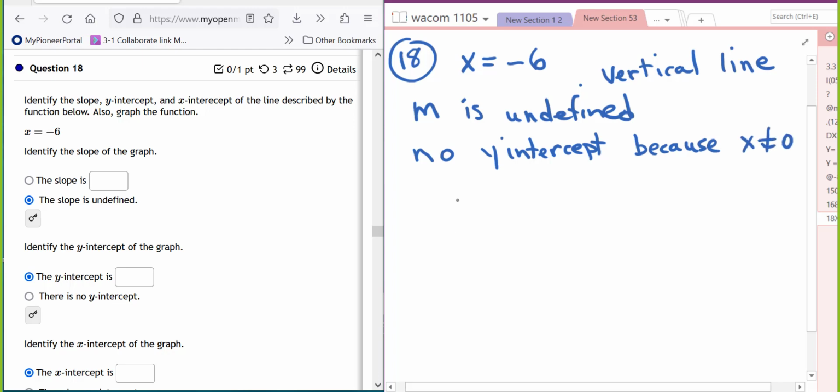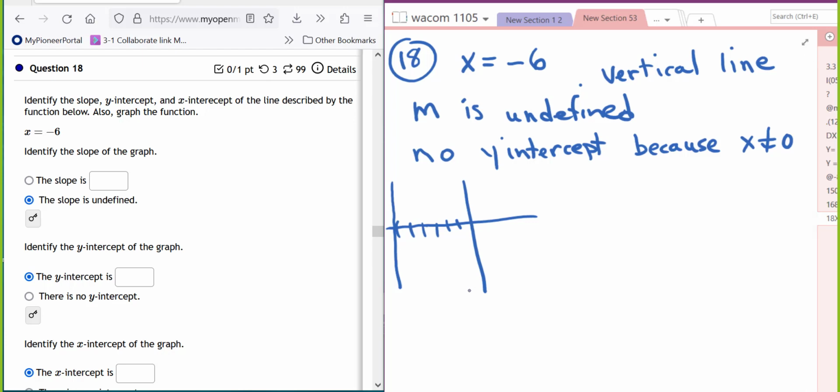You could make yourself a little picture. And this is our line. And it does not cross the y-axis. So it does not have a y-intercept. So there is no y-intercept.